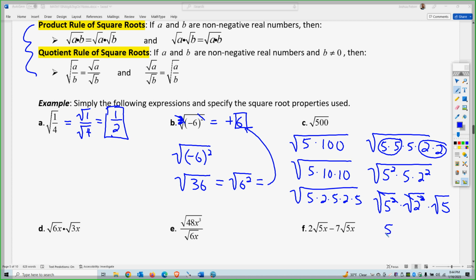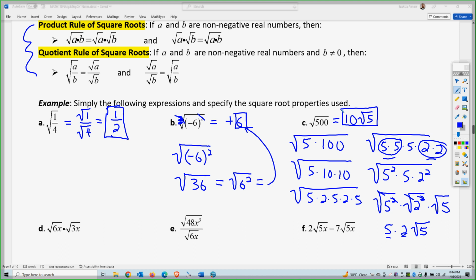This gives 5 times 2 times the square root of 5, because 5 times 5 is 25 and the square root of 25 is 5, and 2 times 2 is 4 and the square root of 4 is 2. So this gives me 10 root 5. That is a non-perfect radical. The first two are perfect radicals because everything came out.